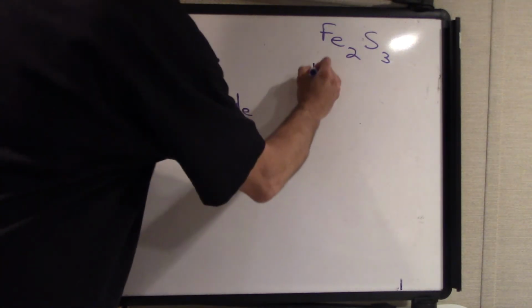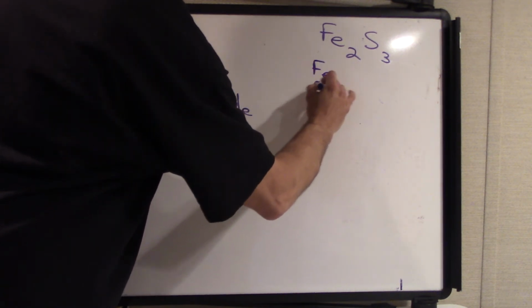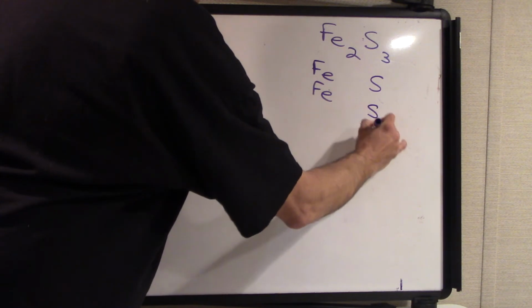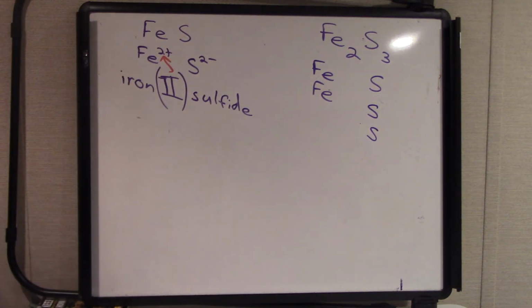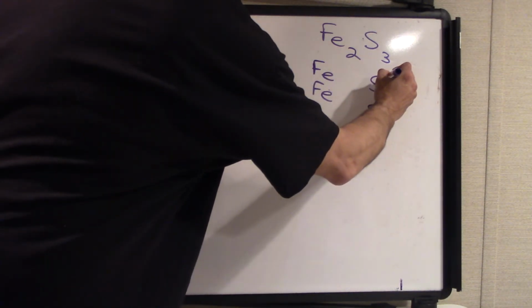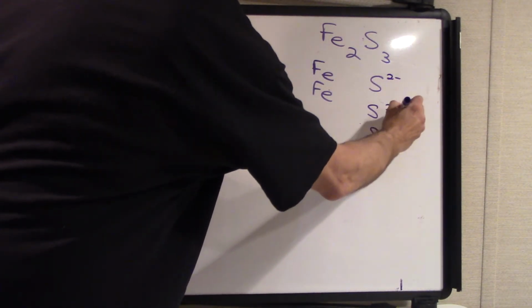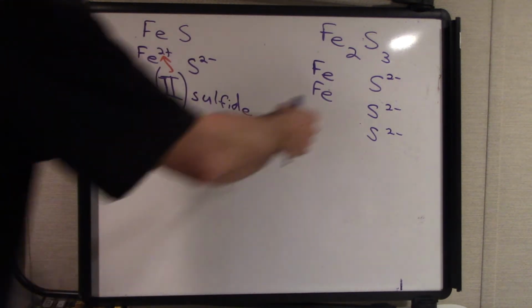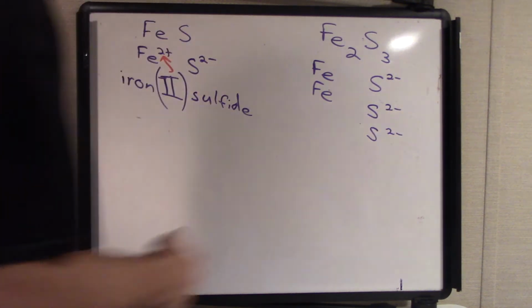Now if we do the one on the right hand side. Here I have 2 iron ions. I don't know the charges yet. But I have 3 sulfide ions. Well, sulfur we said was in group 6A. That would be -2 charged. In order to achieve charge balance, I'm at a total of -2, -4, -6.